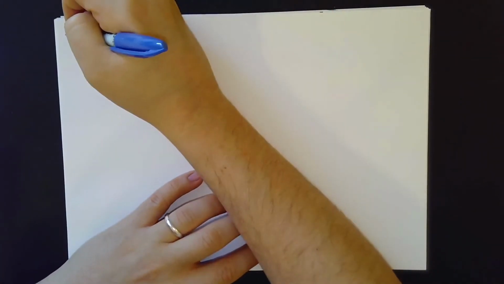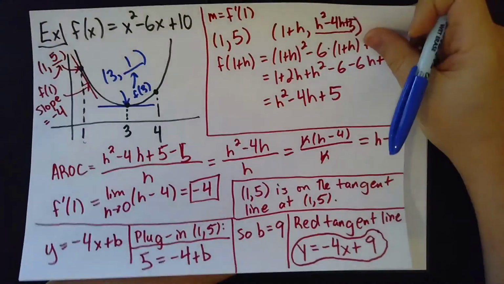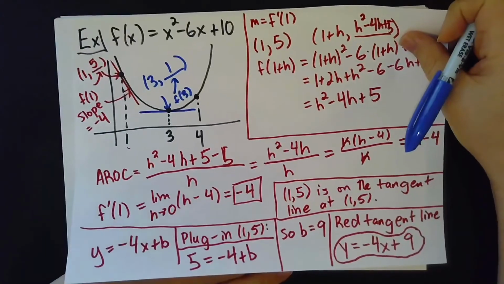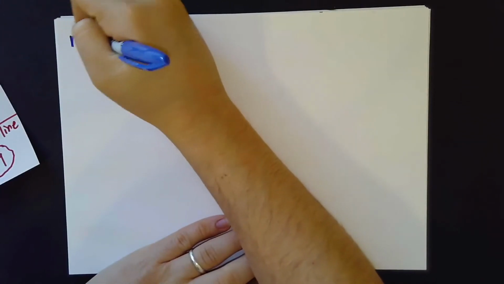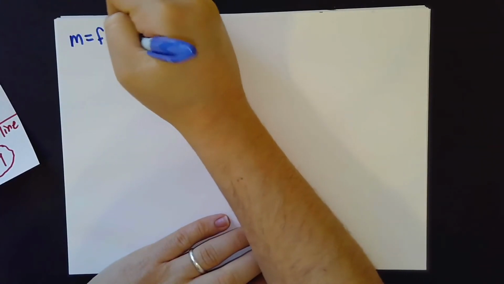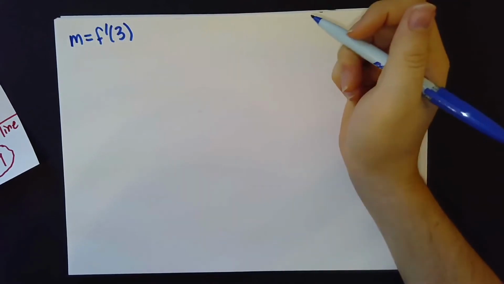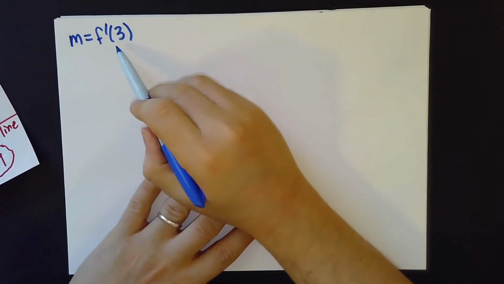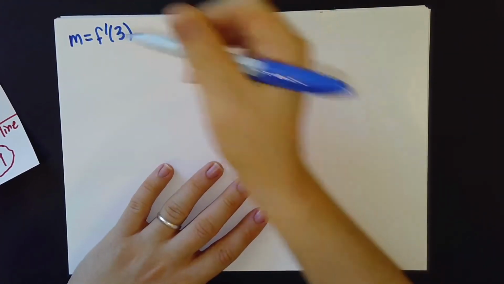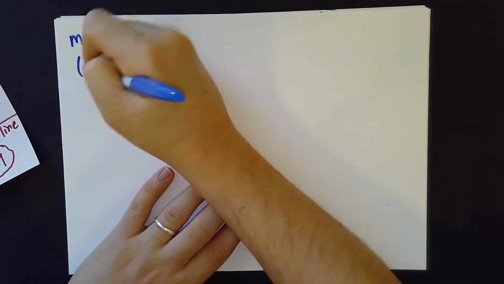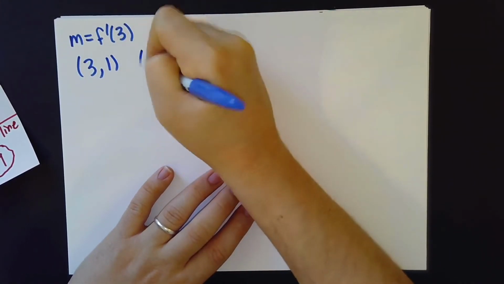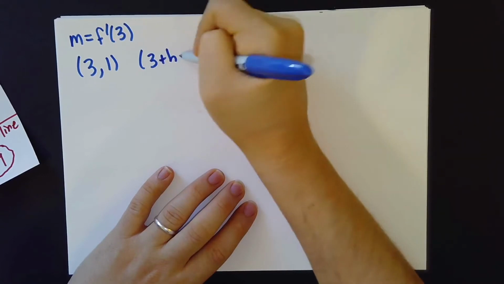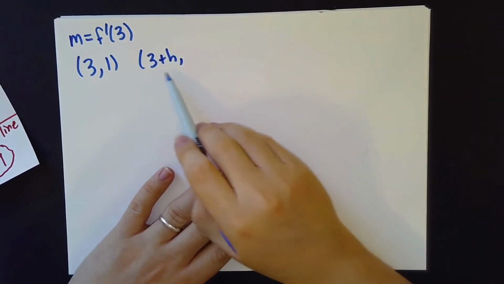So, the slope of this line, the slope of the blue line, is going to be f prime of 3. Okay. And so to calculate f prime of 3, we're going to find our 2 points. So 3, 1, and then our bumped point, which is just a point a little bit to the right.